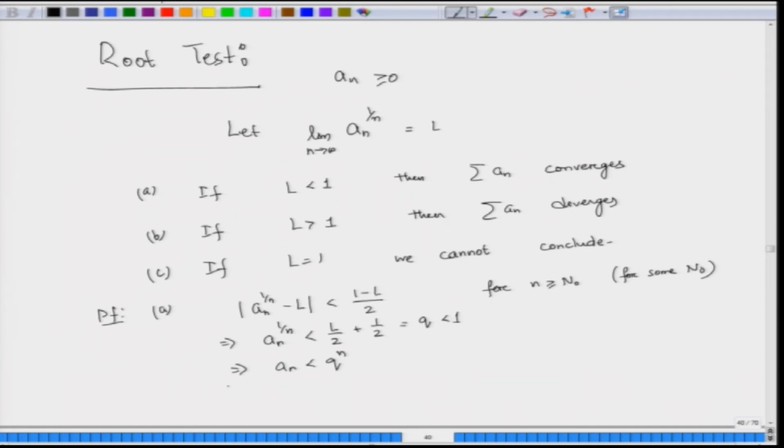Now, use the comparison test. We know the summation of q to the power n converges. As a_n's are non-negative, as we have assumed, by the comparison test, the summation of a_n converges.